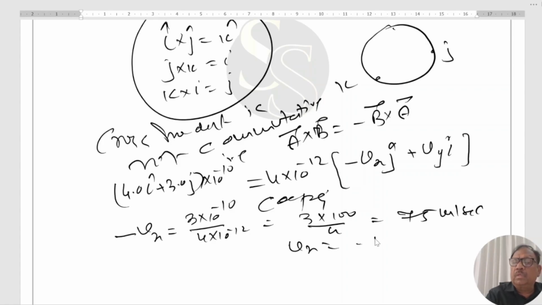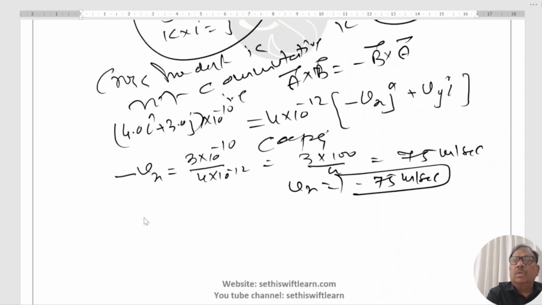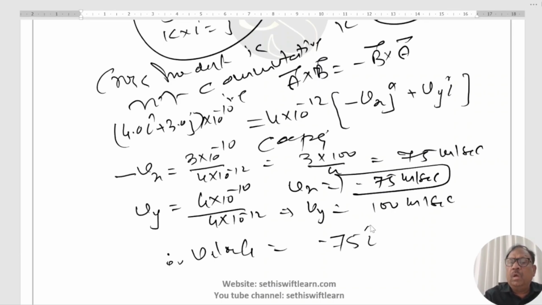So Vx is minus 75 m/s. Similarly, Vy equals the multiplier of i, 4×10^-10 upon 4×10^-12, so Vy is 100 m/s. Therefore, the velocity is minus 75 i plus 100 j meters per second. That is the answer.